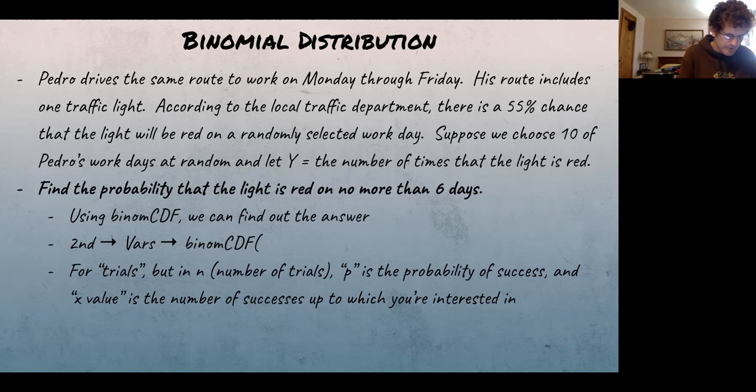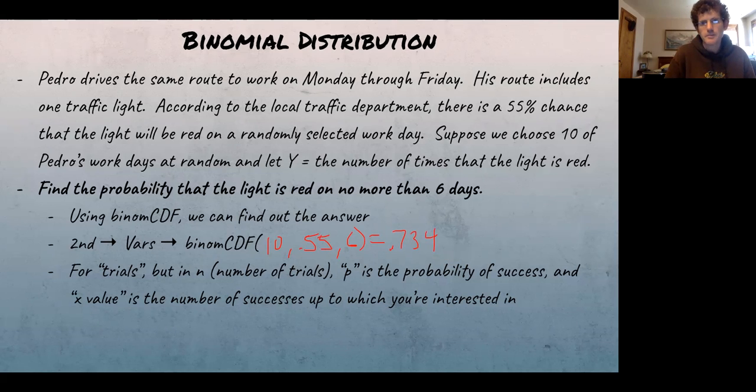And we can see when we do that, now if I had to plug this in without an interface, I would have 10 trials, 0.55, and then 6. And the answer we get, 0.734, basically.